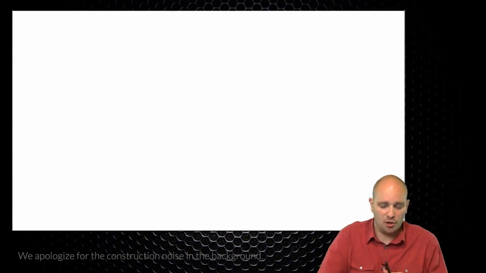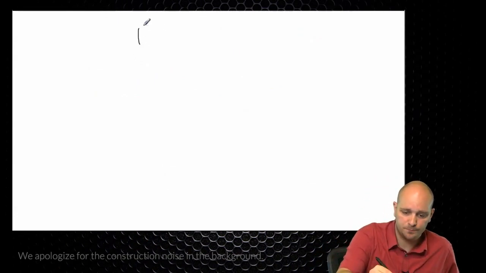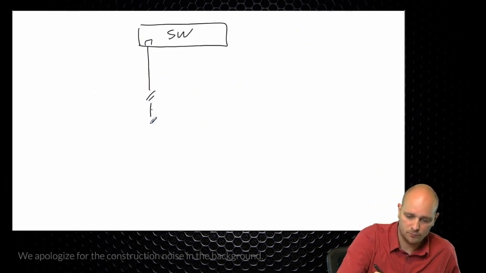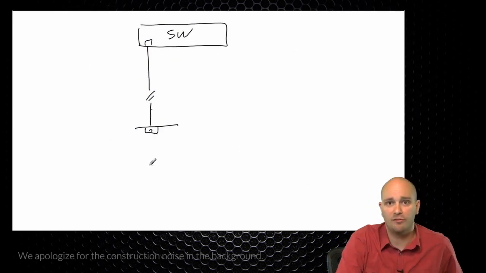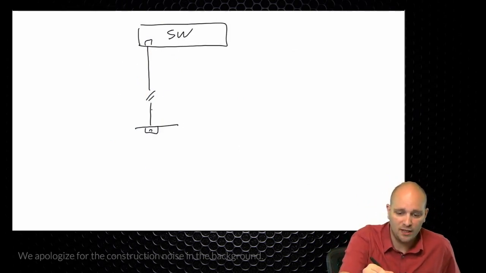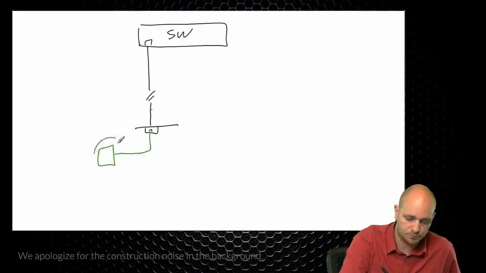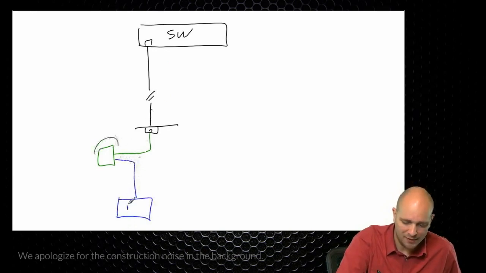So what we have here is some central switch that has some port, and this goes somehow and goes to the wall socket. And in the wall socket here, we have RJ45 plug. So we can come here with our phone, we can connect our phone to this device, and then from this device, we can connect to our PC.